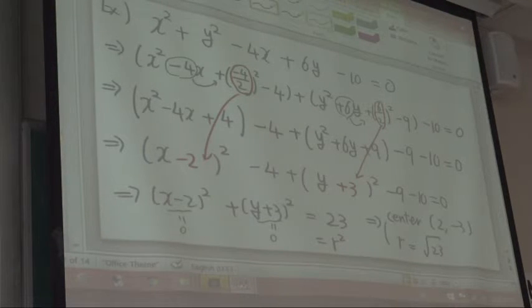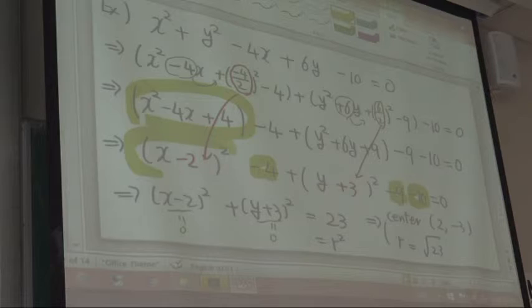And then I combine the negative 4 and negative 9 and negative 10, just constants. I was just wondering how you turned that into that. Was it just from negative 4 over 2 and then dropping the exponent? Take the square. When you square that, we have x squared minus 2 times 2x plus 4. That is a formula.